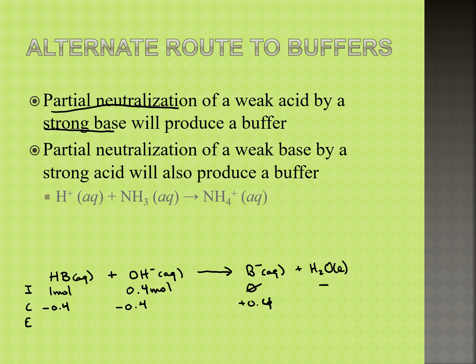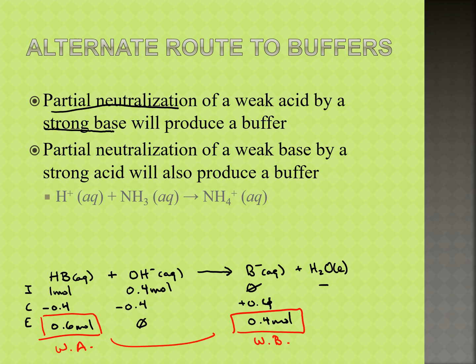And so at equilibrium, I'm going to have 0.6 moles of weak acid, none of the strong base, and 0.4 moles of weak base. So at equilibrium, we have some weak acid and its conjugate base. We have both of those. We have a buffer.